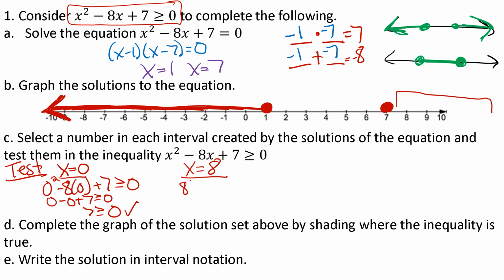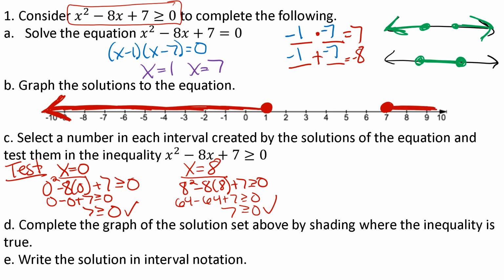This would be 8 squared minus 8 times 8 plus 7, so it'd be 64 minus 64 plus 7. That'd be 7 greater than or equal to 0, which does work. So that means we're going to shade above 7.